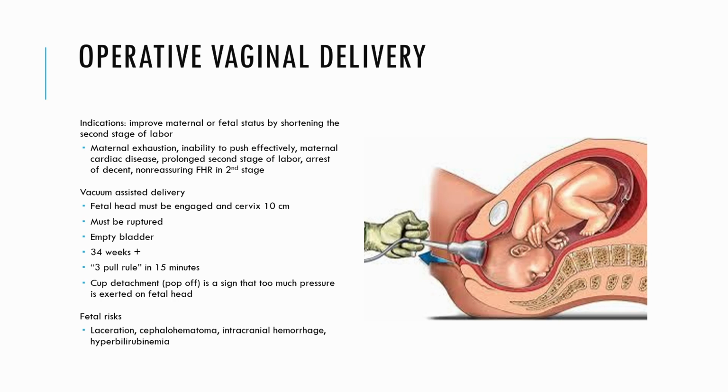Something you can see with the vacuum delivery is what's called a pop-off. This is where the vacuum, as the provider is pulling on it, pops off. It comes detached. That's a sign that there's too much pressure exerted on the fetal head.